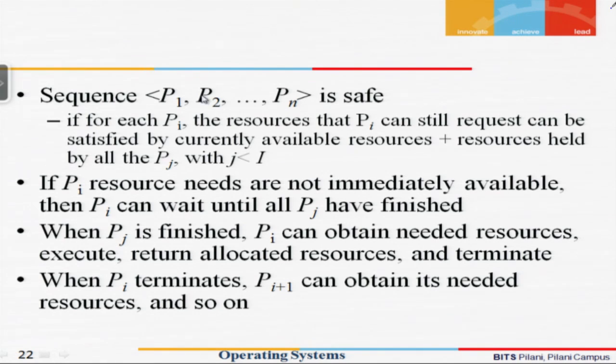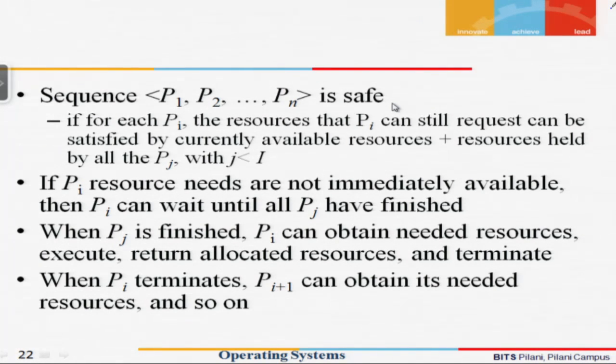This is a sequence, so it means that P1 would first execute, then P2 would execute, then Pn would execute. So if we are talking about P2, before P2, P1 would have executed, and that essentially means that it would have released the resources which it had held. So the resources released by P1 plus the available resources, if they meet the requirement of P2, then P2 can execute, and so on.